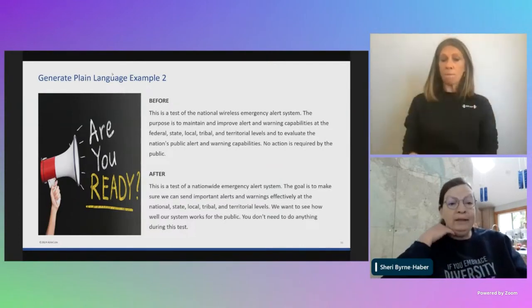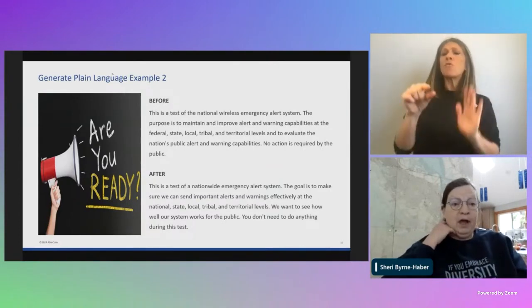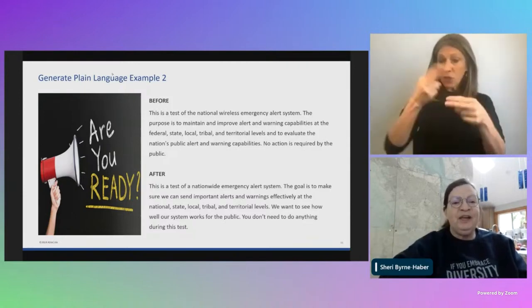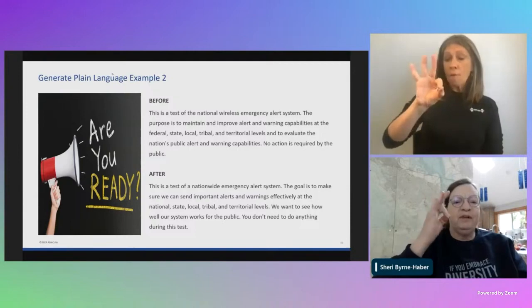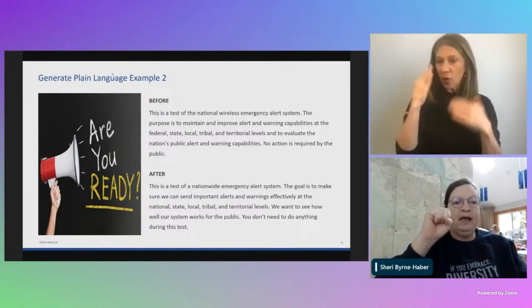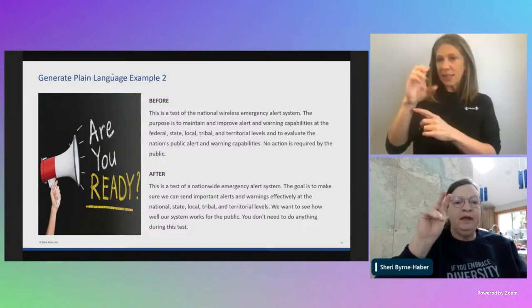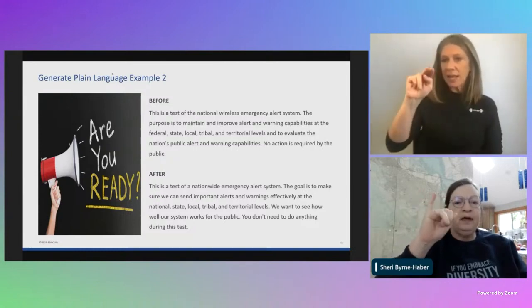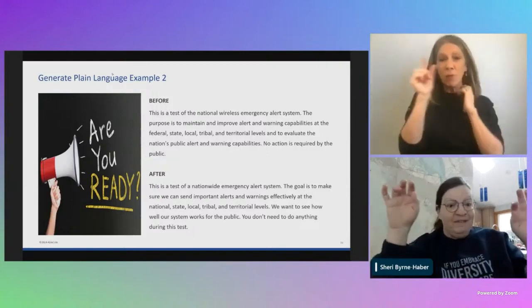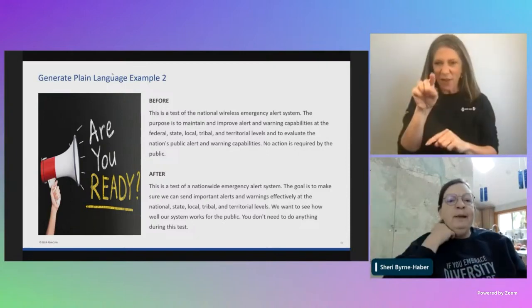So there's a grade level reading score that a lot of people in the United States use, and it's called the Flesch-Kincaid. I'm going to spell that out because I don't think the interpreters know how to do it. It's Flesch, and then Kincaid. If you Google it, it's hyphenated. That's how you find it.